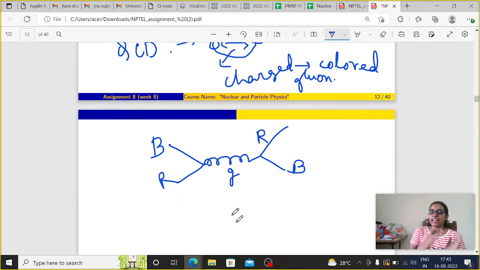I already told that gluon is a colored particle, so it should have some color, like R G bar or R B bar, something like that. If that type of configuration is there, that means as a whole it is not white color, and white color means there is no color. So this type of thing is a colored particle configuration. In that Feynman diagram, B will convert to R. Sorry, this is a typo.